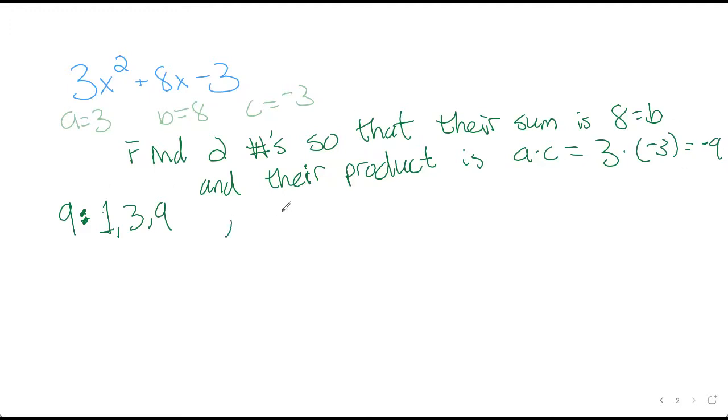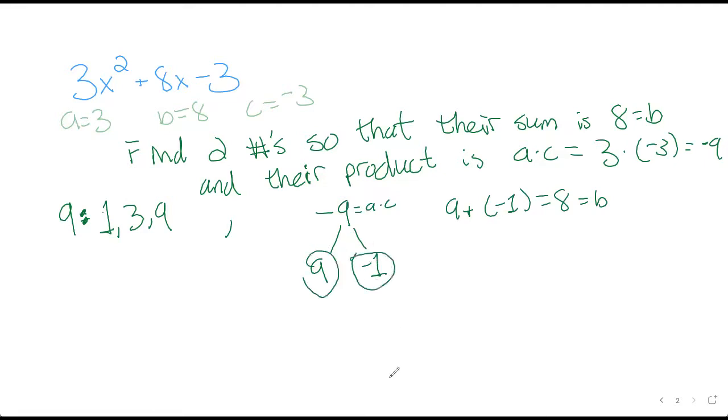So negative 9 can be written as 9 times negative 1, and 9 plus negative 1 is 8, which is b. So the two numbers we want to use are 9 and negative 1.